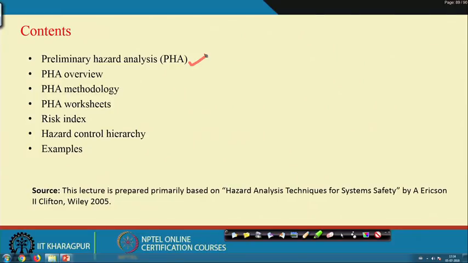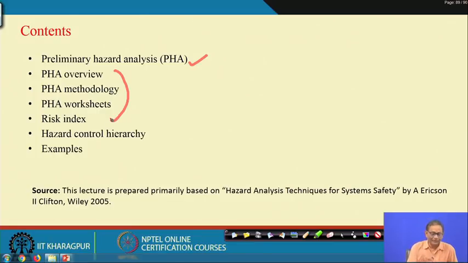Under this, these are the few things which are part of PHA: an overview, then the methodology, the worksheets you require to represent and document the PHA, and then the risk index and hazard control hierarchy. Some examples will be given to you. Obviously, the same book, Hazard Analysis Techniques for System Safety.